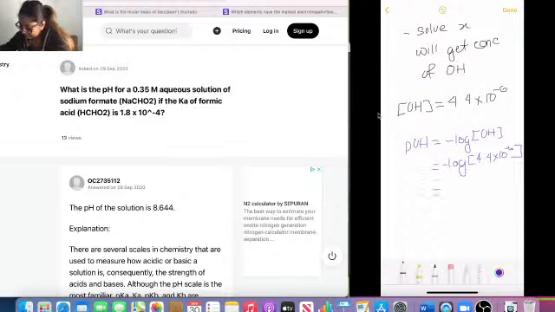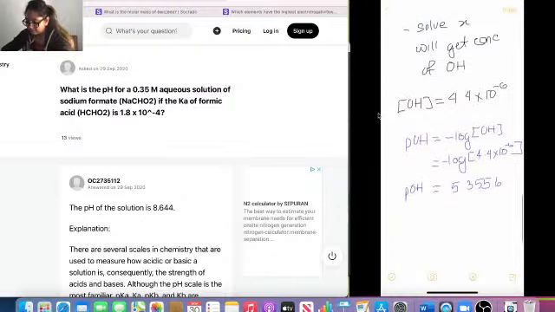And so what I get here is basically 5.3556 as my pOH, right?